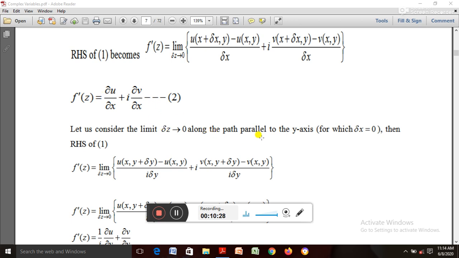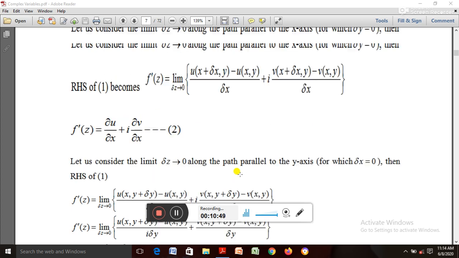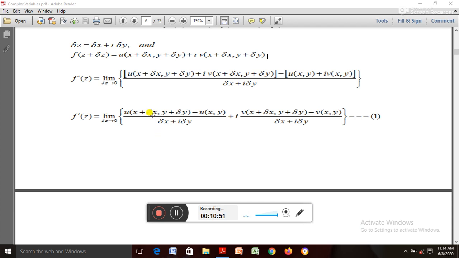Now we put delta x equal to 0 in equation number 1, and we get f dash of z equal to the limit of delta z tends to 0 of u of (x, y plus delta y) minus u of (x, y) divided by i into delta y, plus i into phi of (x, y plus delta y) minus phi of (x, y) divided by i into delta y. Here we put delta x as 0.